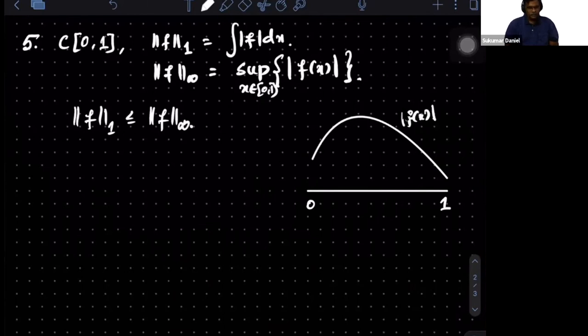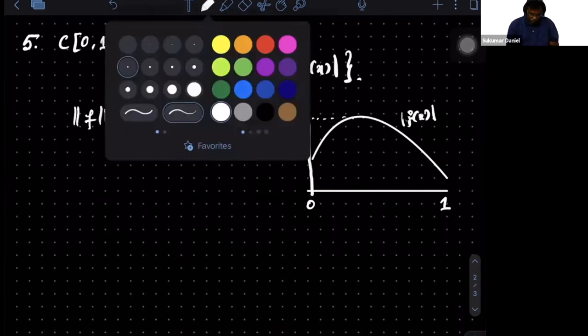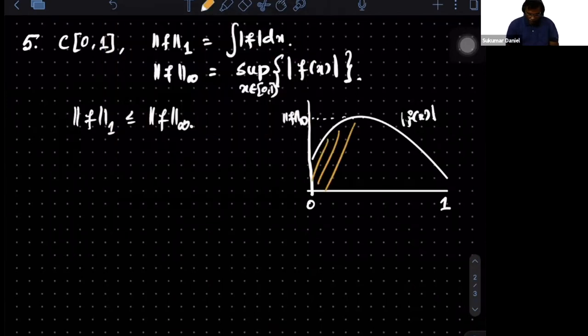So now all it says is that this gives me the supremum. This is the norm infinity, and this area under the curve is what? Norm f1.